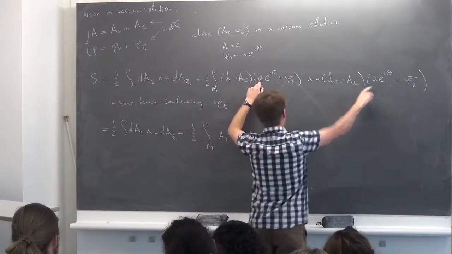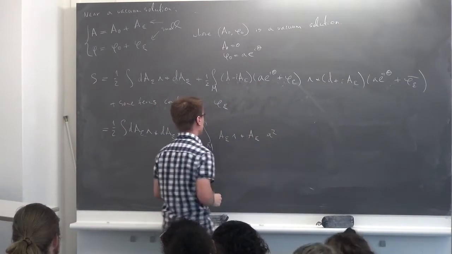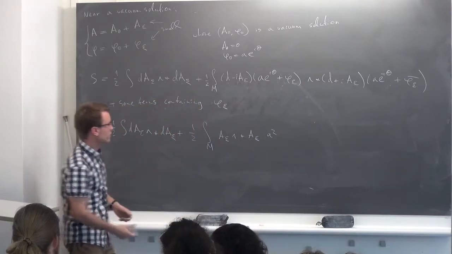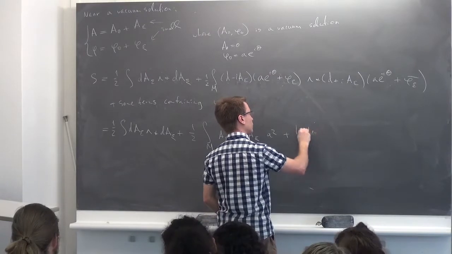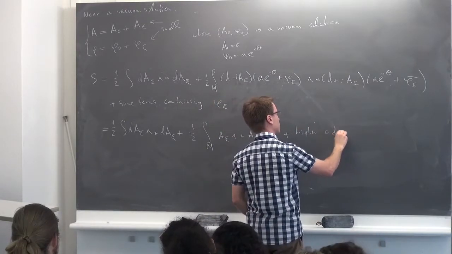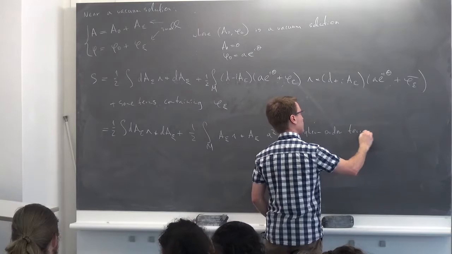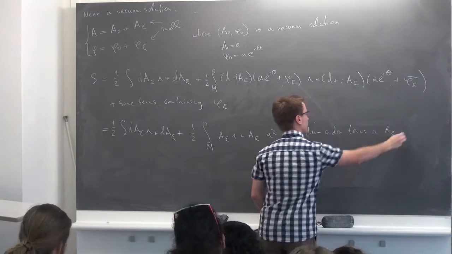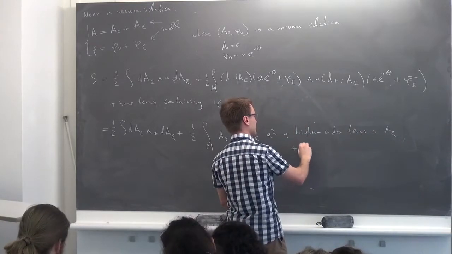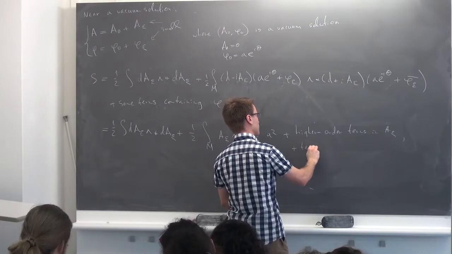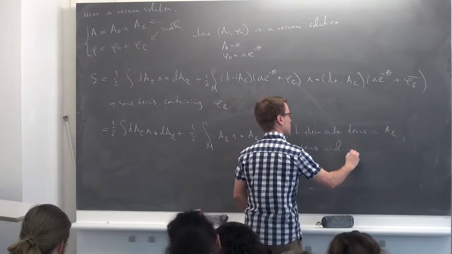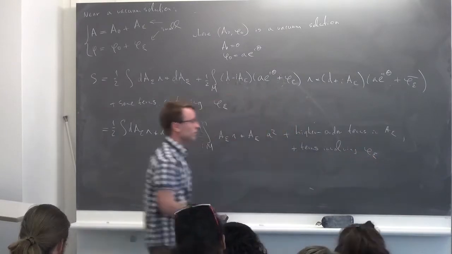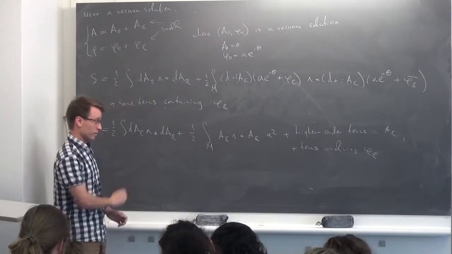Then here you have A squared. And that's it. And then plus higher terms in A epsilon and plus other terms which involve phi epsilon. For the moment, I'm only interested in the connection.